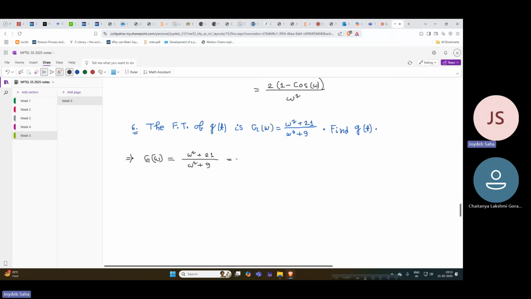Can we write it like (omega square plus 9) plus 12 divided by (omega square plus 9), is equal to 1 plus 12 upon (omega square plus 9).